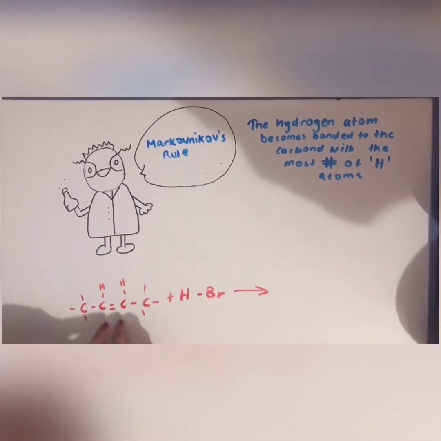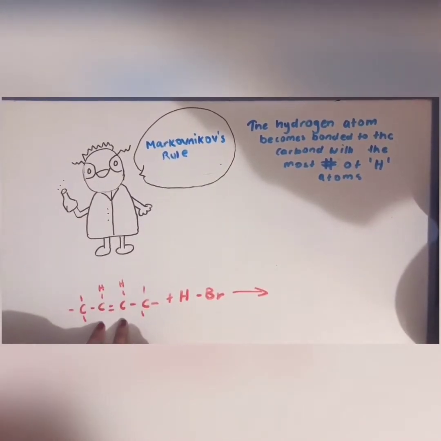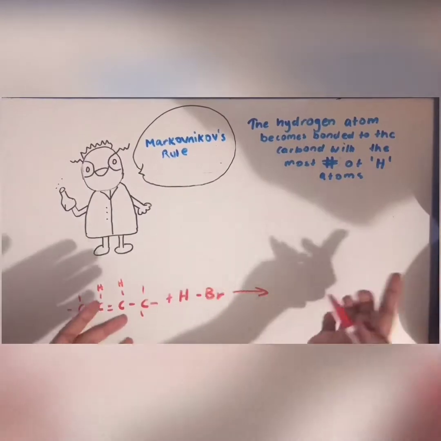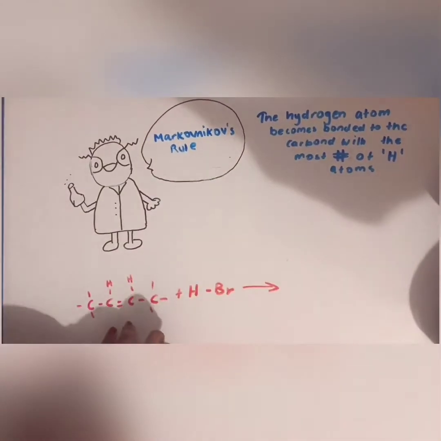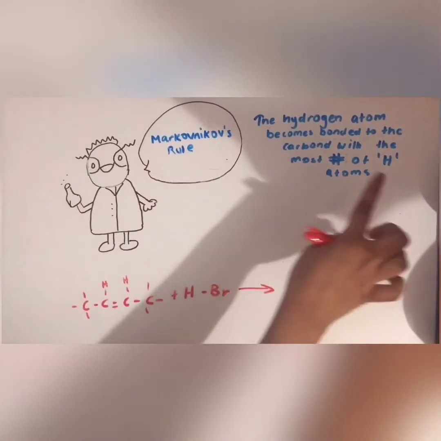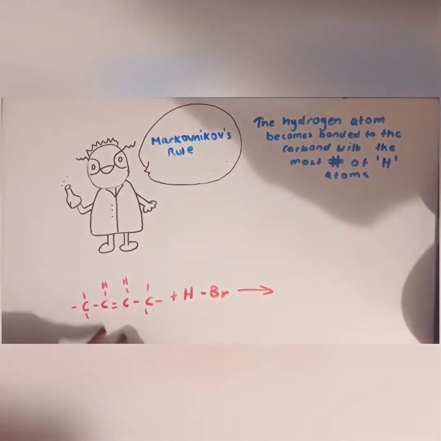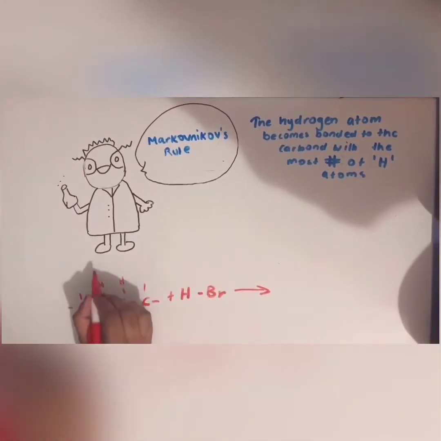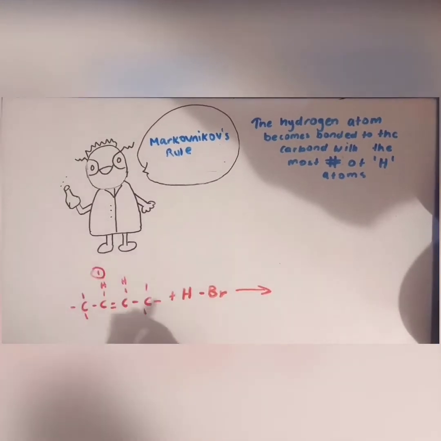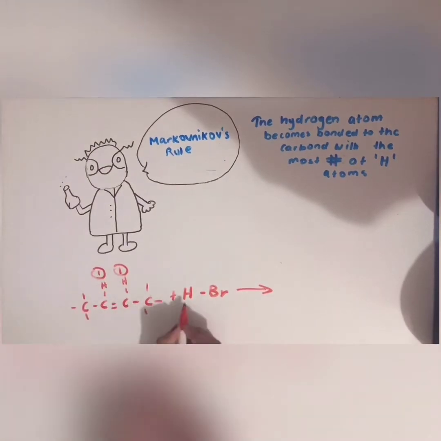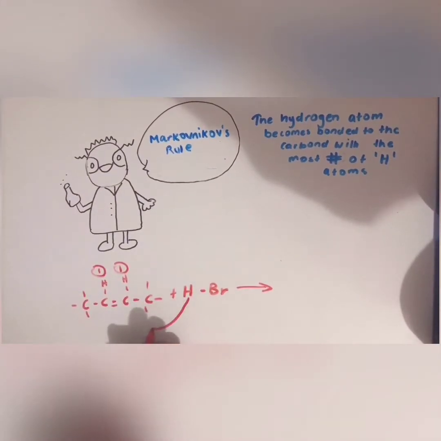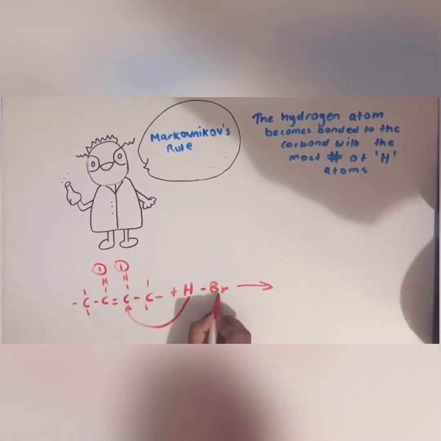Both carbons have the same number of hydrogens, but Markovnikov's rule states that the carbon with the most number of hydrogens should get the hydrogens. But carbon 2 and carbon 3 only have 1 hydrogen each. So in this case, it does not matter if the hydrogen goes to carbon number 2 or carbon number 3.